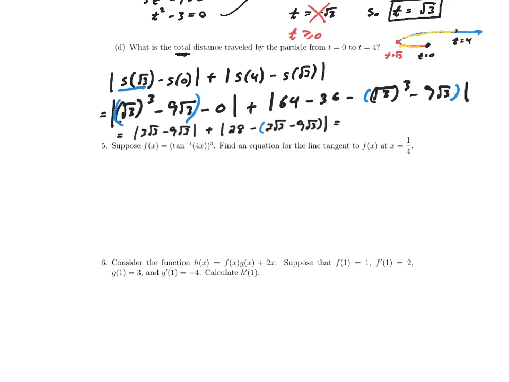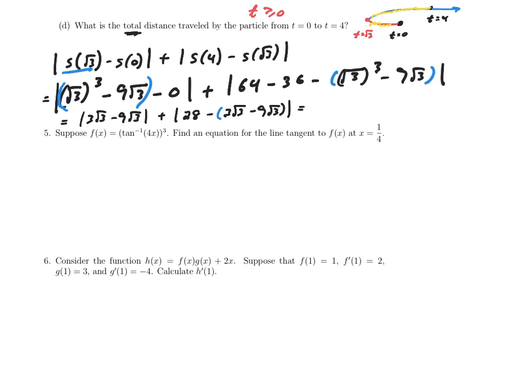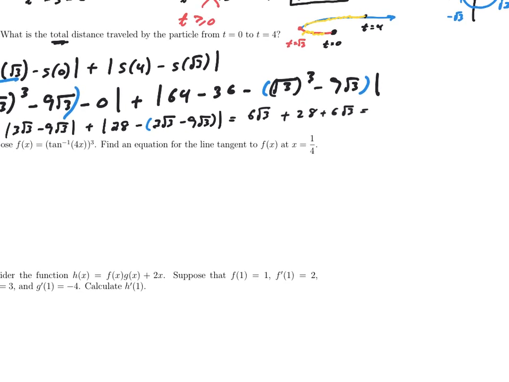So we end up getting the first one equal to 6 square root of 3. Then we're going to get plus 28. You can think of this as 9 minus 3. That's going to be plus 6 square root of 3. And then that whole thing simplifies down to 12 square root of 3 plus 28. So you want to be a little bit careful with your numbers there.